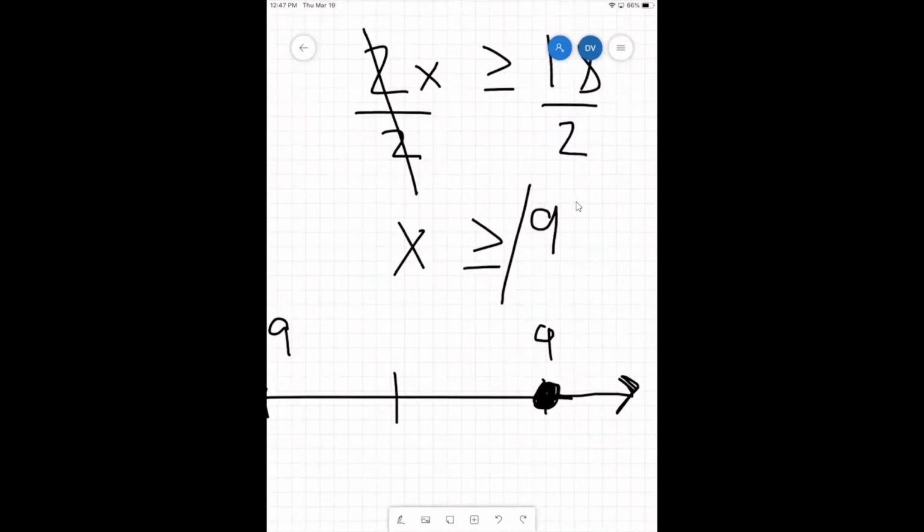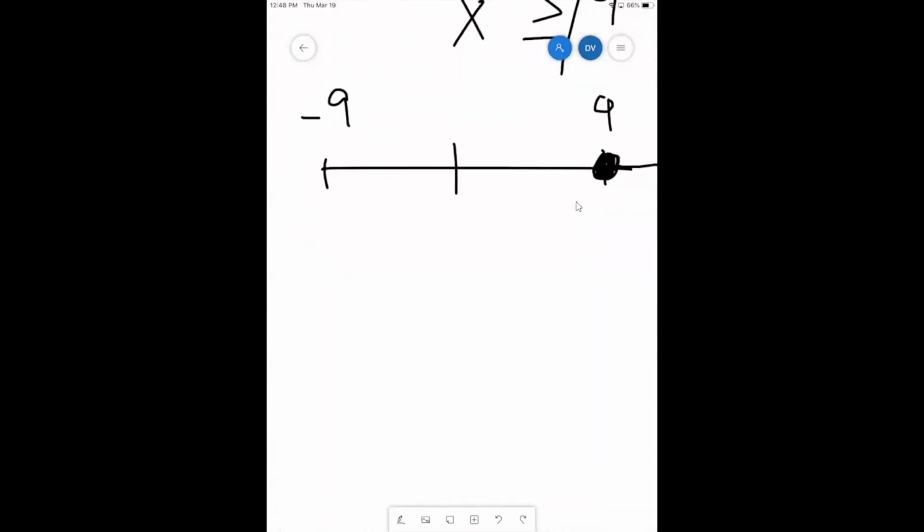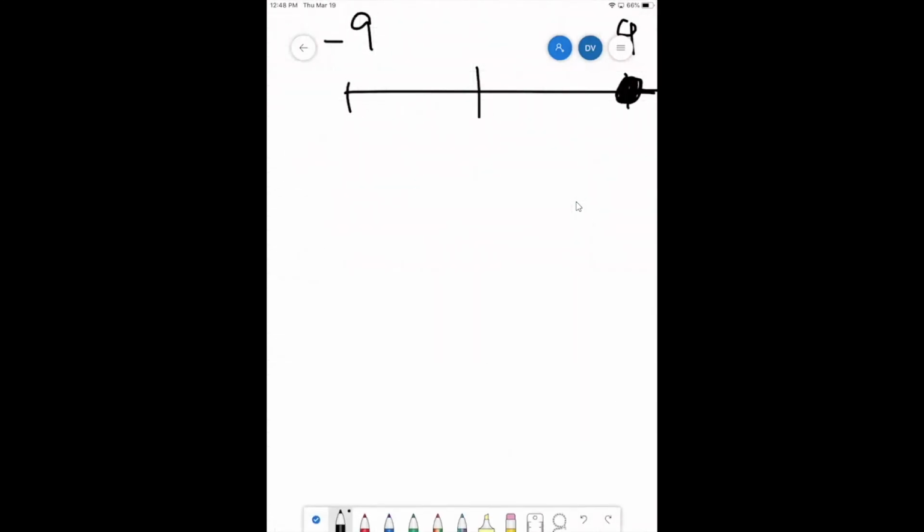Let's say we have the same problem. So if we do 2x is greater than or equal to, what was it, 18? 18. But let's say our 2x was negative. This will change things a little bit.